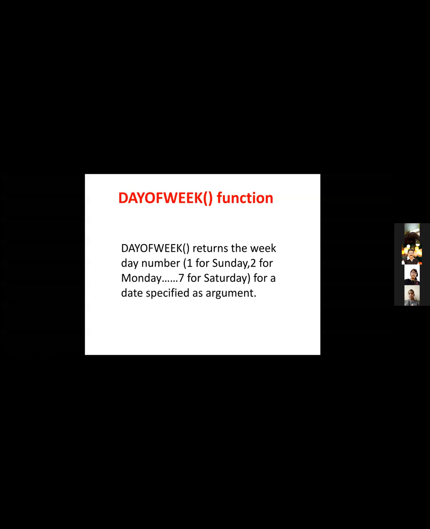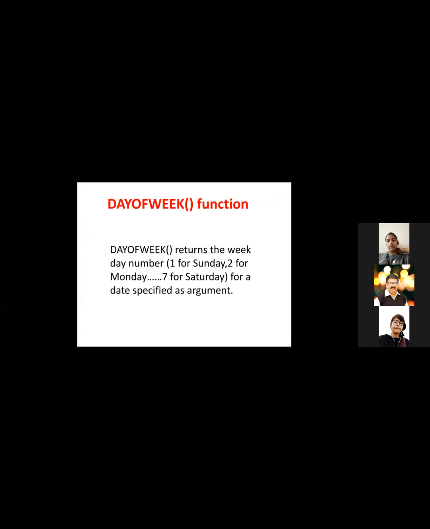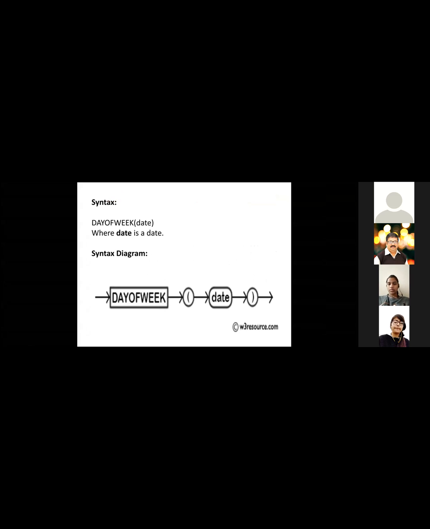Good morning, everyone. My topic is the DAYOFWEEK function. The DAYOFWEEK function returns the weekday number, one for Sunday, two for Monday, and so on, for a date specified as an argument. Syntax: DAYOFWEEK(date), where date is a date.